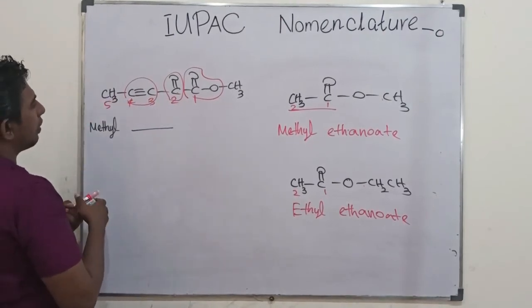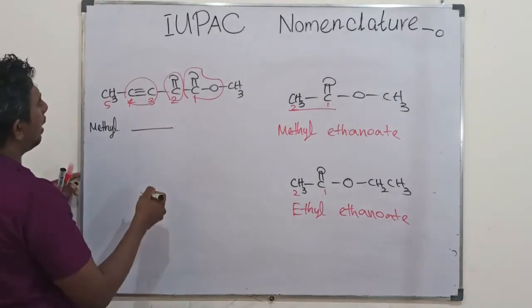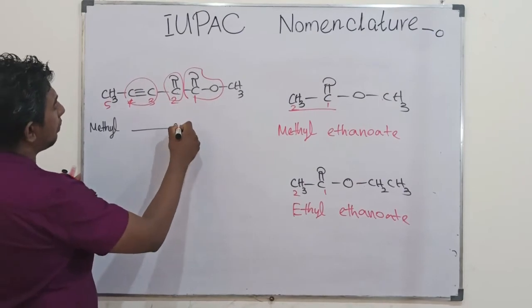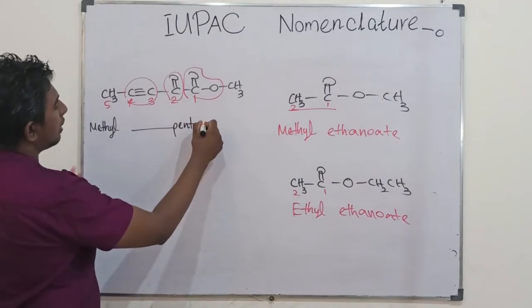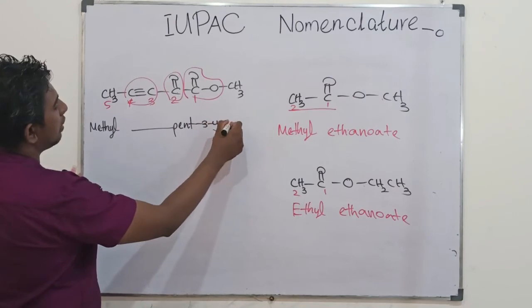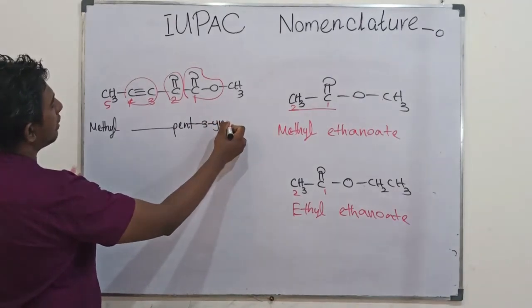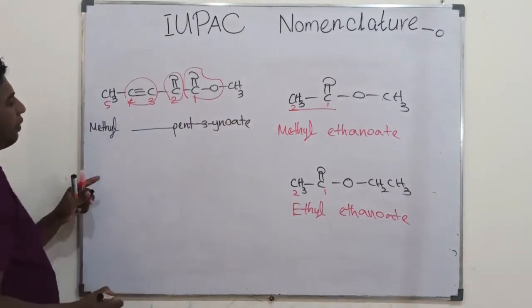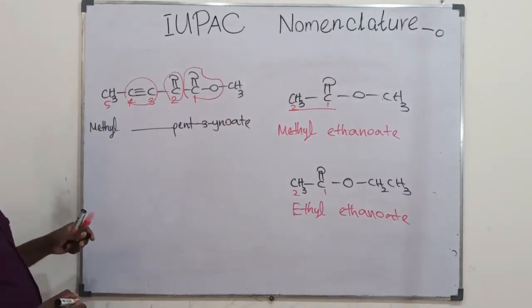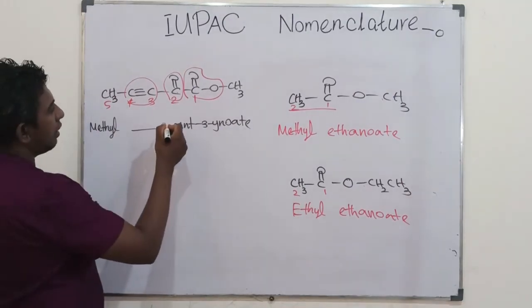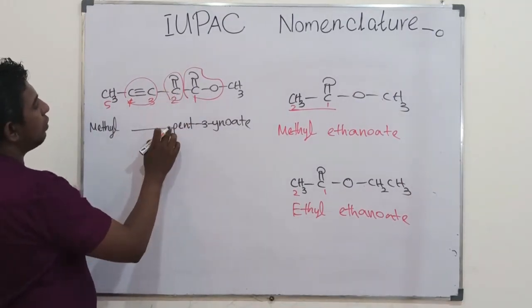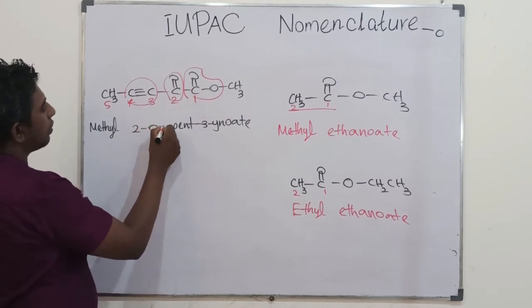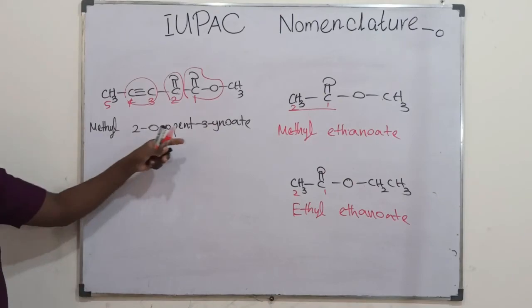On first carbon you have the main functional group, ester. It is a pent. On third carbon you have yne. The letter E is deleted, so it's then oate. So the prefixes have to be given here. The only prefix possible is 2-oxo. On second carbon you have oxo. So this is the name then.